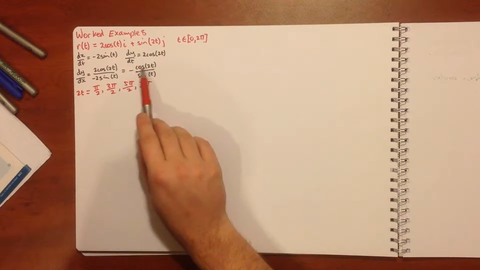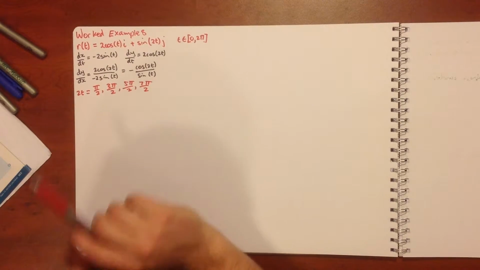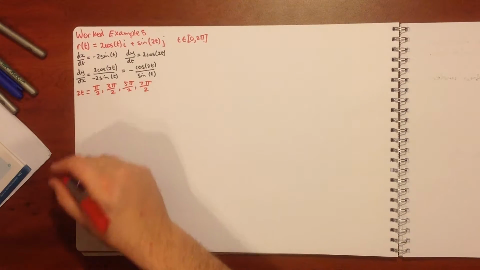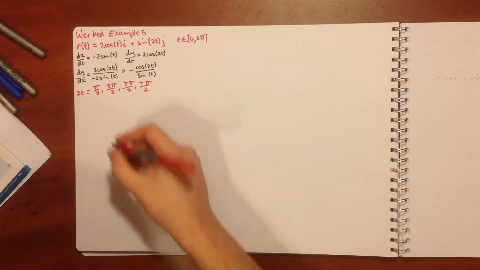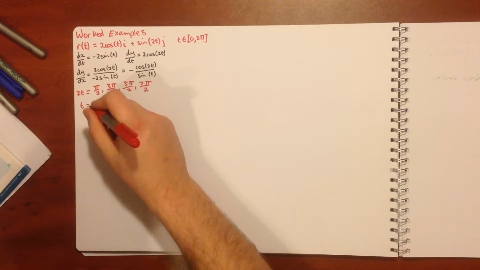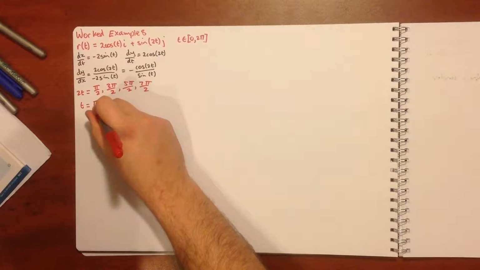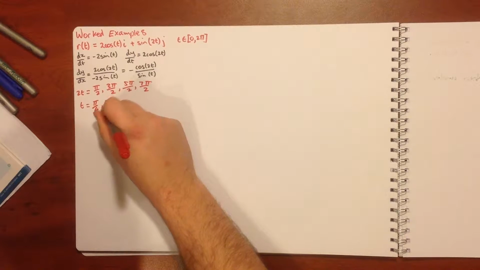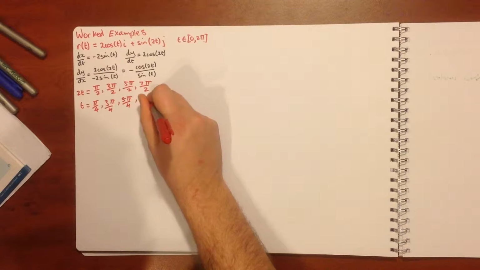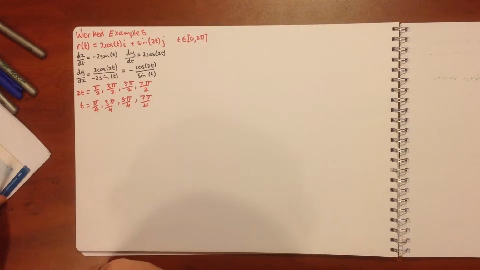Remember, when we've got cos of 2t, we expand out our domain to 0 to 4 pi, find all our solutions, and then divide them all by 2 to get back to our domain, which gives t equals pi on 4, 3 pi on 4, 5 pi on 4, and 7 pi on 4. So they're the t values.